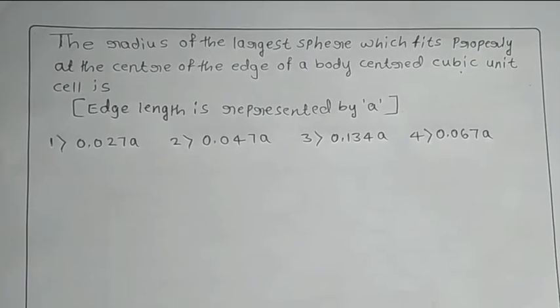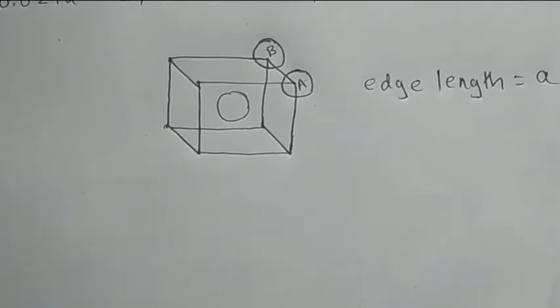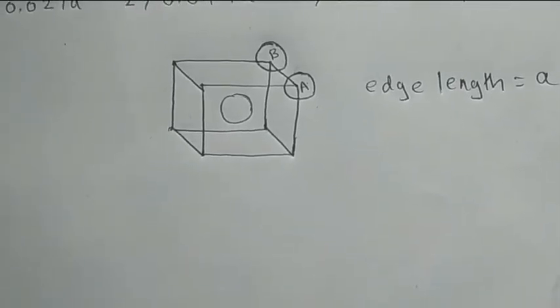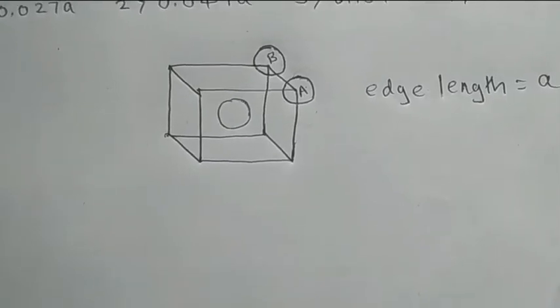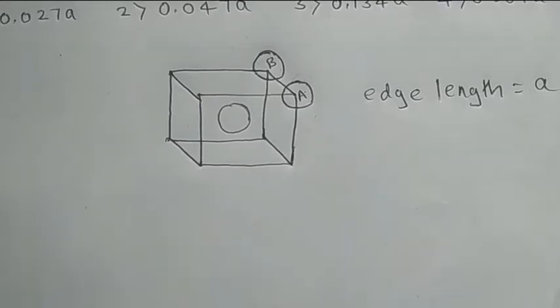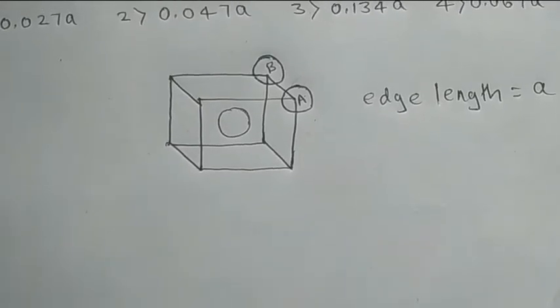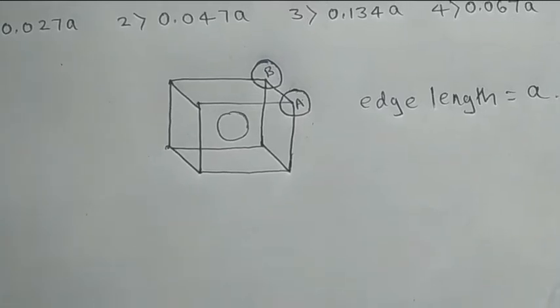See the question properly. From the question, it is clear that the given system is body-centered cubic unit cell. In body-centered cubic unit cell, the particles are present at each corner and also at the center of the body.